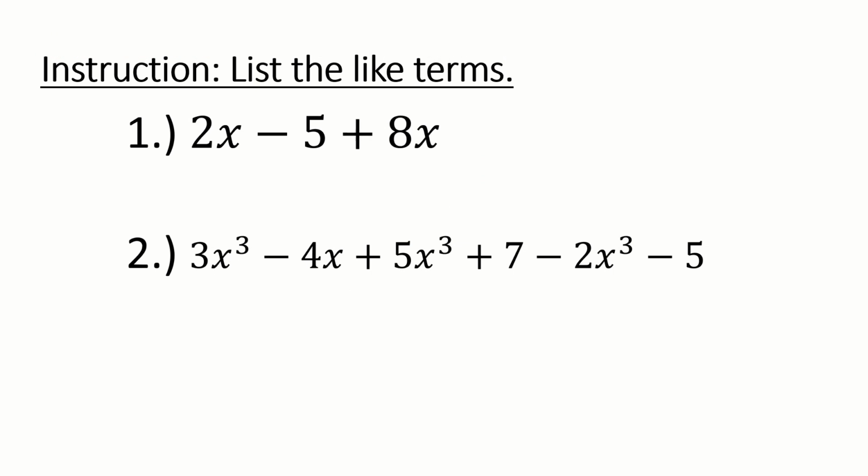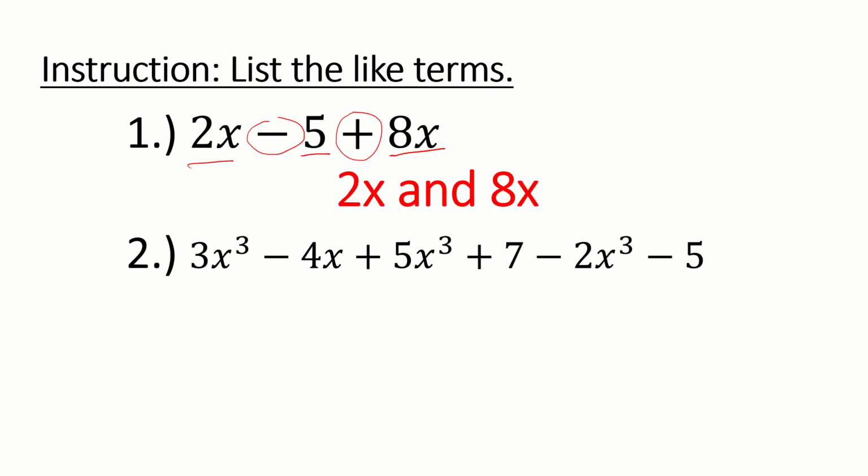So let us try to list the like terms from the given. So we have here 2x minus 5 plus 8x. Take note there are three terms because there's a minus in here and a plus. First term, second term, third term. So let us list down the like terms from our number 1. Okay, that's correct. It's 2x and 8x.